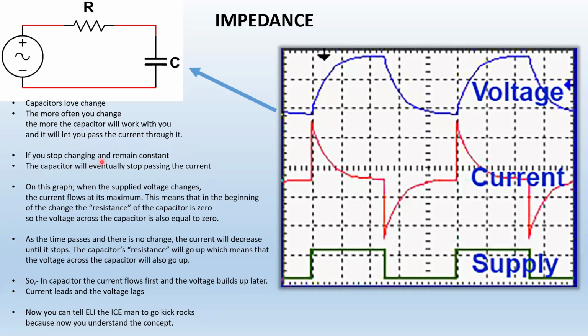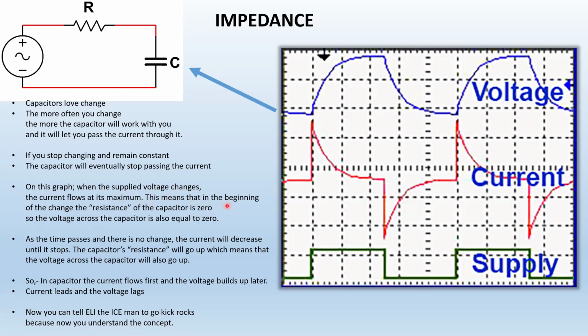If you stop changing and remain constant, the capacitor will eventually stop passing the current. On this graph, when the supply voltage changes, the current flows at its maximum. Change, boom, maximum current.